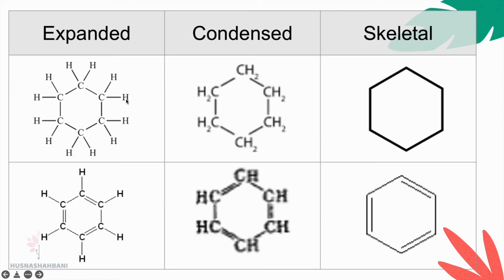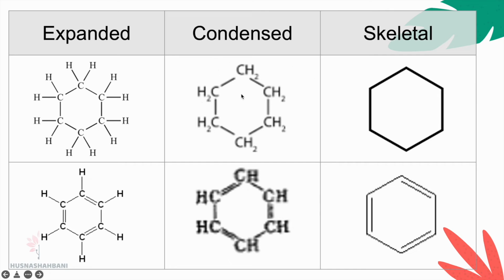Next, this is the cyclic structure, expanded cyclic structure. All carbons bonded together in a cycle, so this is what we call cyclic. This is condensed structure.